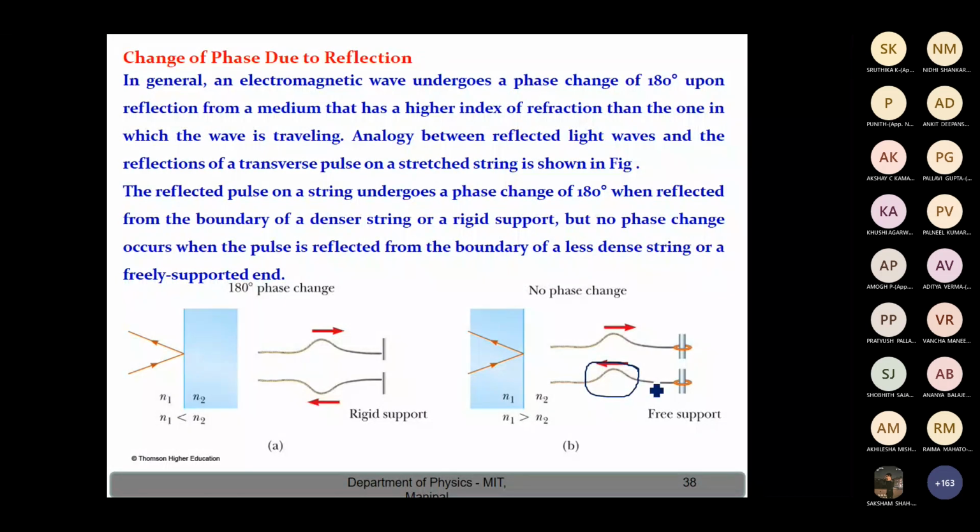Inversion will not take place if it is a freely supported end. This is an analogy between the stretched string and light.